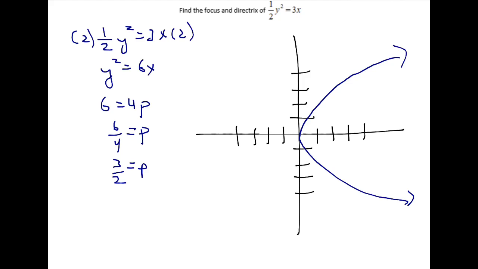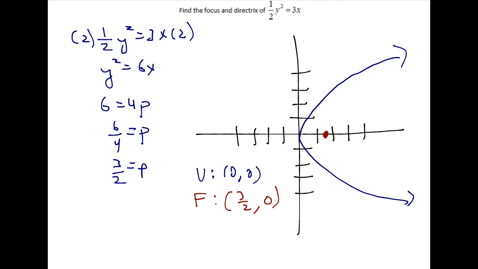Now, since p is equal to 3/2, the focus should lie on the axis of symmetry, p units away from the vertex inside the parabola. So 1.5 units inside the parabola. We want to go that many units, so the focus should be over there. The vertex should be at 0, 0 in this case, and the focus should be at 3/2, 0.